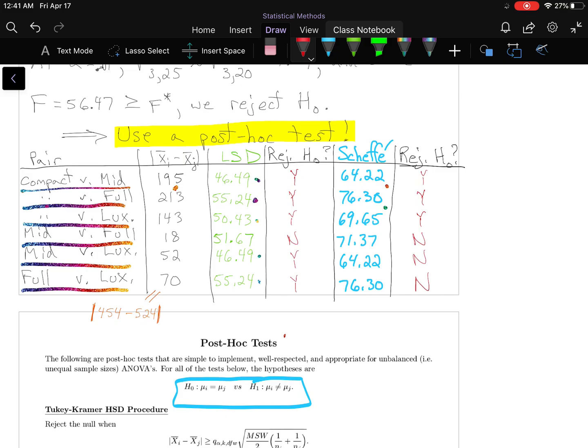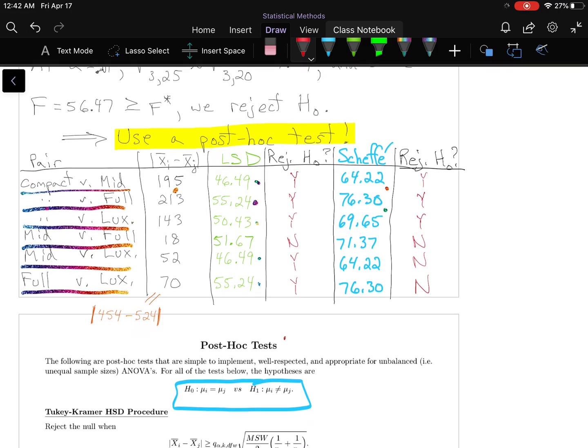So I wanted to emphasize why I have taught you 2 post-hoc tests. You really only need 1, but it's good to be aware that post-hoc tests can give you different results. So even though both of these show that compact is significantly different from mid, full, and luxury, notice that the other 3 pairs were completely insignificant using Scheffé, whereas 2 of the 3, mid and luxury, full versus luxury, were significantly different according to the least significant difference test.